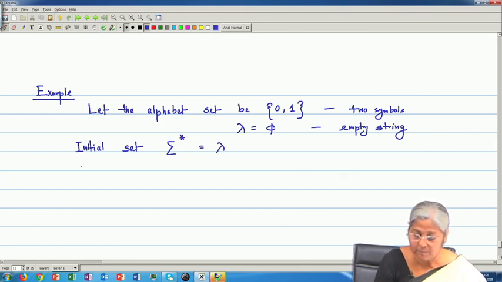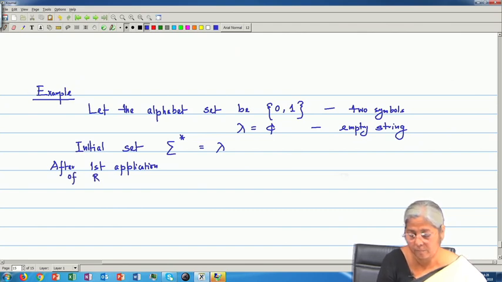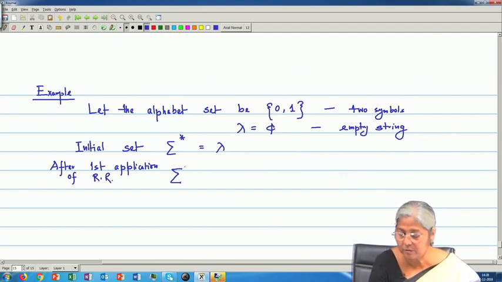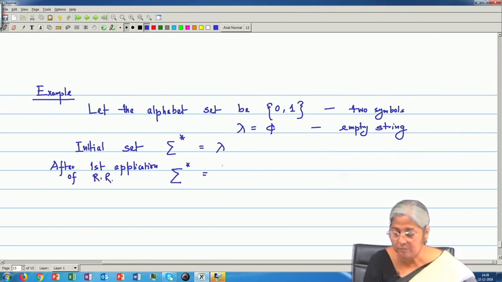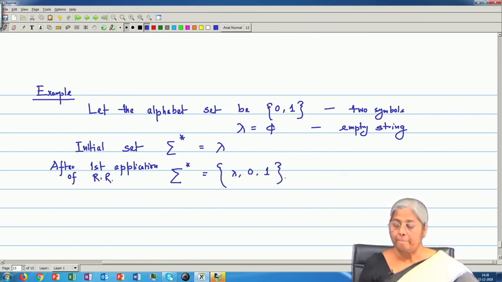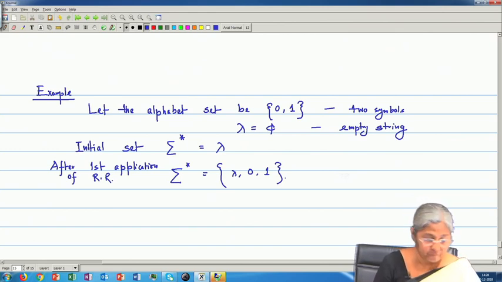Then after the first application of the recursive rule, that sigma star becomes the set lambda, 0 and 1. Okay.